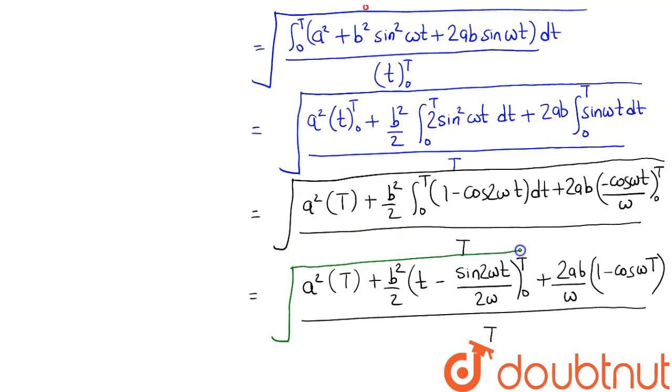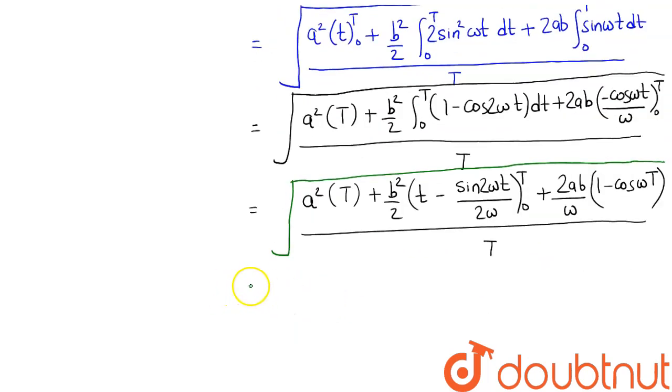Now on further integration, we can say this comes as A square into T plus B square by 2 substituting the limits T minus 0, and then this comes as B square by 4 omega.